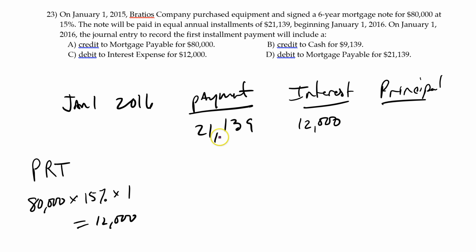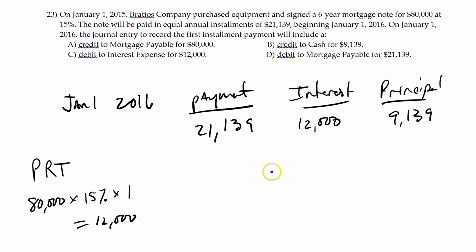I then take the difference between the total payment and the amount that goes to interest, and that is the amount that principal is reduced. So of the 21,139, 12,000 goes to interest, and 9,139 goes to principal.